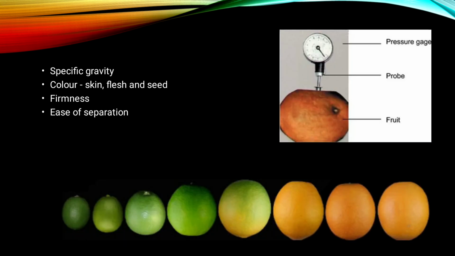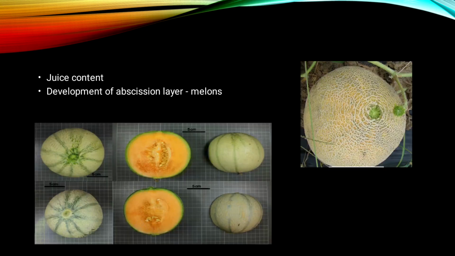In the figure, the firmness of an orange is going to be calculated and the penetrometer is inserted. When the fruit is properly developed and mature, it is highly firm. That means it has a very good quantity of moisture or fleshy part in it, so the firmness is also very high. Next, juice content and development of abscission layers.